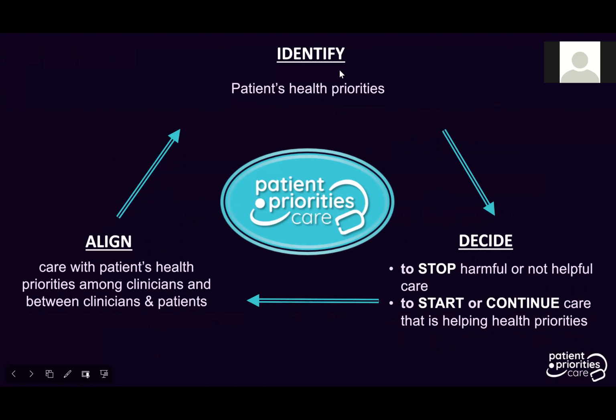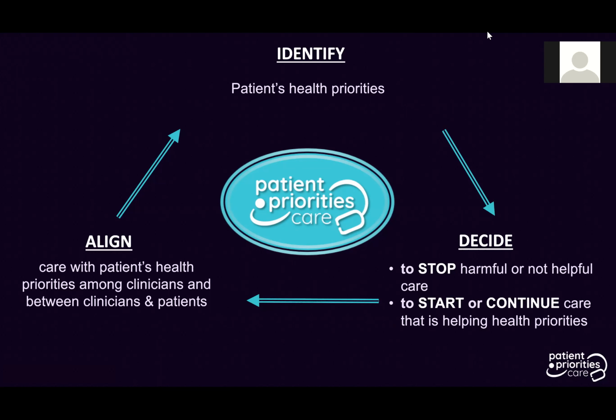By health priorities, we're again referring to health outcome goals, the things that the patient wants most in their life and what they want their healthcare to help them with, given their preferences for the healthcare tasks, medications, procedures, and self-management tasks. These are all the different things that are part of healthcare. So when we talk about priorities, we're talking about your preferences for all those things involved in your care, and whether those things will help you get to the outcomes that matter most to you. That's your outcome goal.